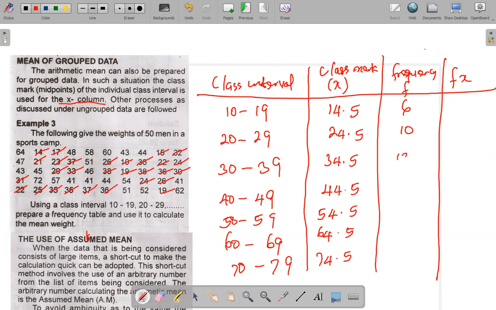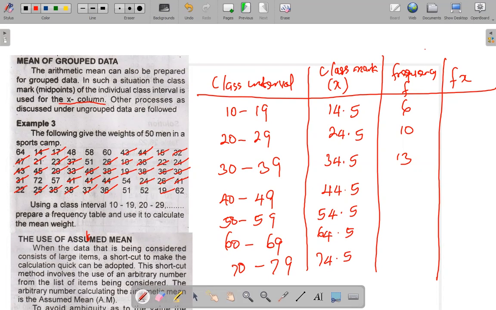Have 13 items there. 40 to 49, how many? 1, 2, 3, 4, 5, 6, 7, 8, 9, 10.